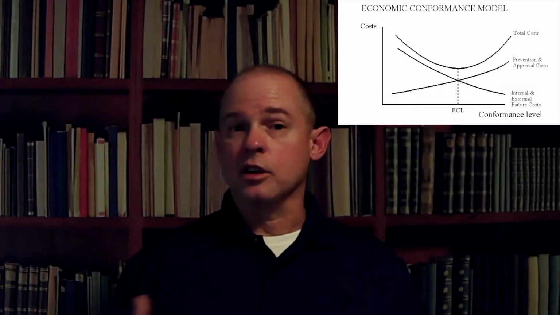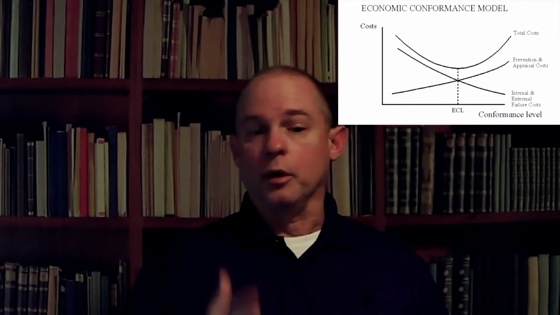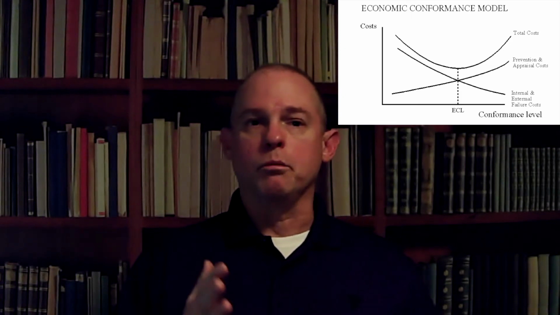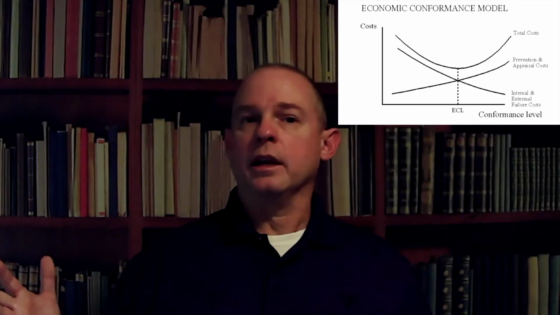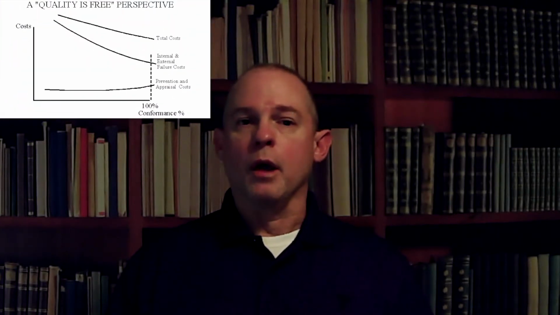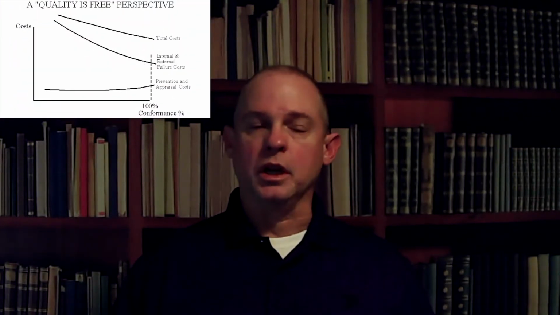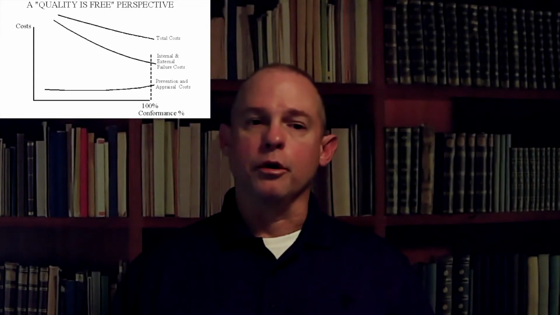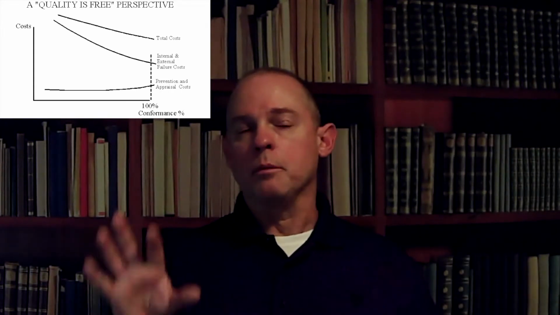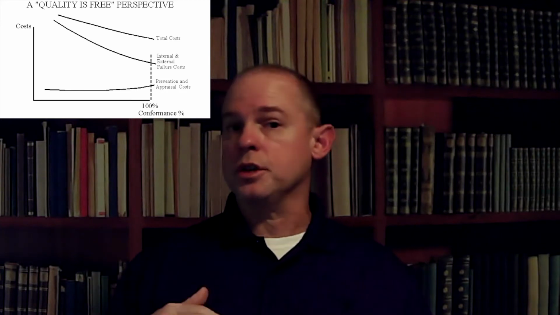There's the economic conformance model, which says generally that there is an economic conformance level beyond which additional prevention doesn't make economic sense. And then there's the quality is free perspective that was proposed by Philip Crosby in 1978, which says that when all costs are considered, failure costs and prevention costs can never intersect in the model.